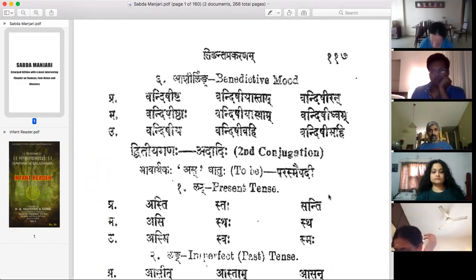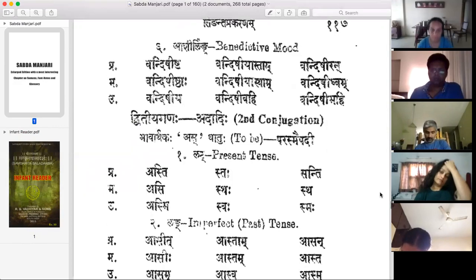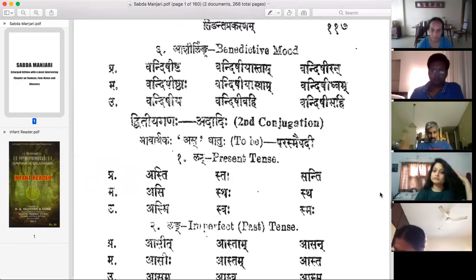Refer to your Shabda Manjari. Don't look at the screen. Okay, refer to the Shabda Manjari. Otherwise, it will all just evaporate. So, look at the Shabda Manjari. That is how you will know where to refer also at a later point.